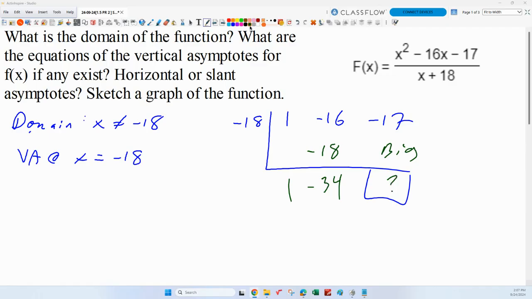Okay, so it doesn't really matter. We're just going to get this whole thing is equal to x minus 34 plus some number divided by x plus 18, right?